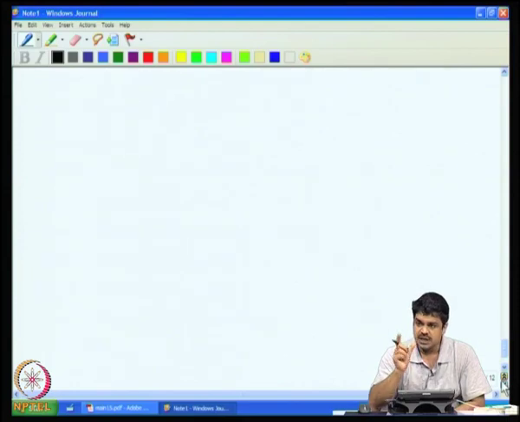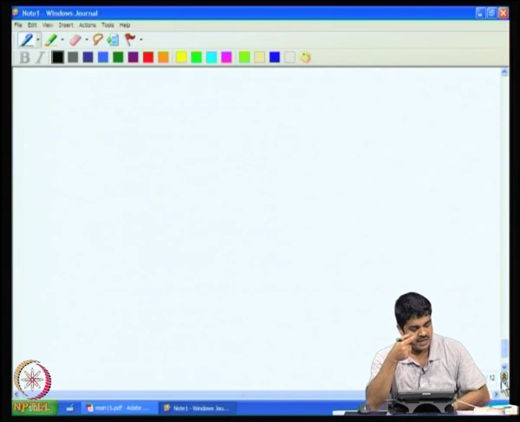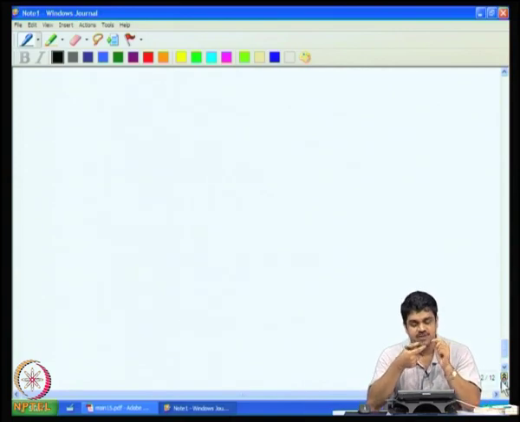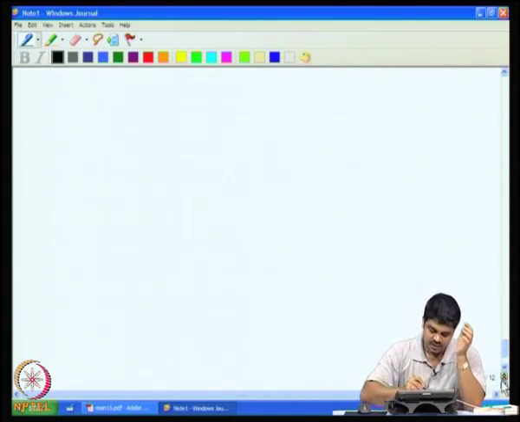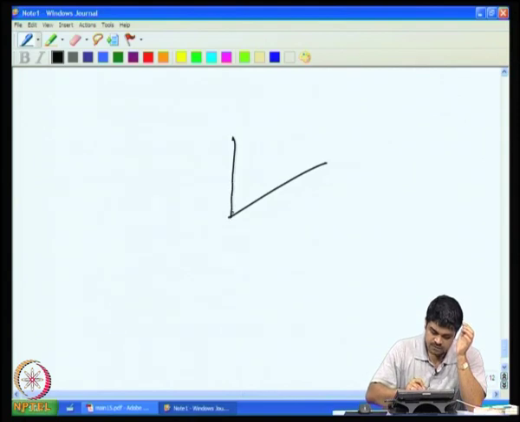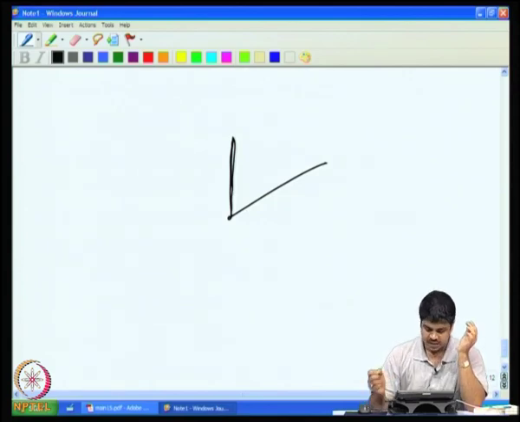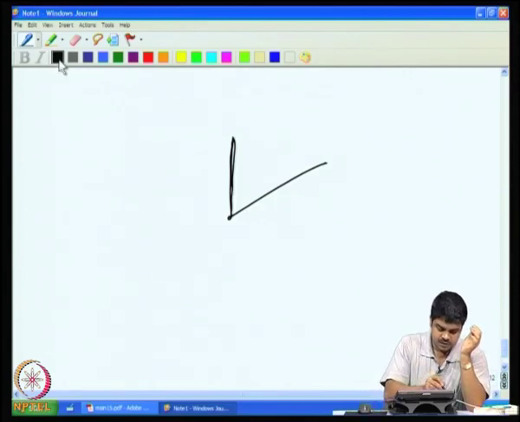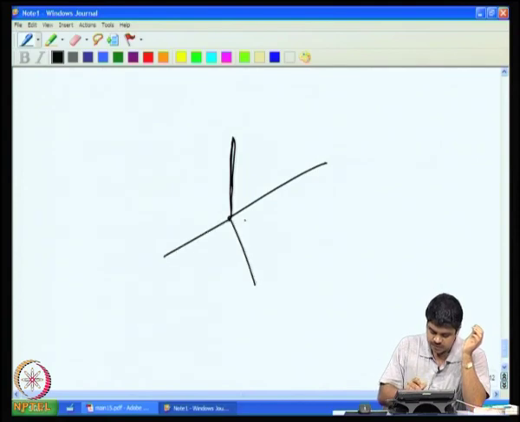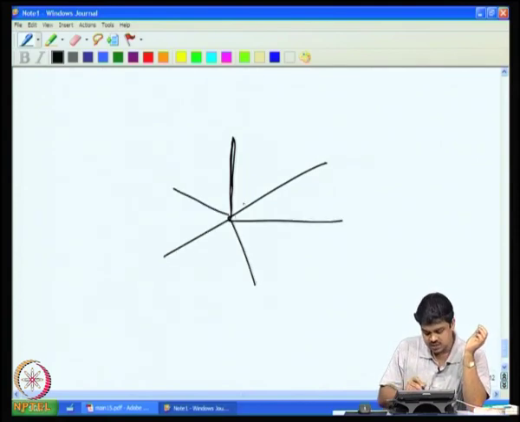Properly means any two edges which are adjacent, which are incident on the same vertex, should get different colors, right, that is the only condition. For instance, the most natural bound for edge coloring, if you think for some time, is this. If there are so many edges incident on the same vertex, they cannot share colors, right, they should all get different colors.